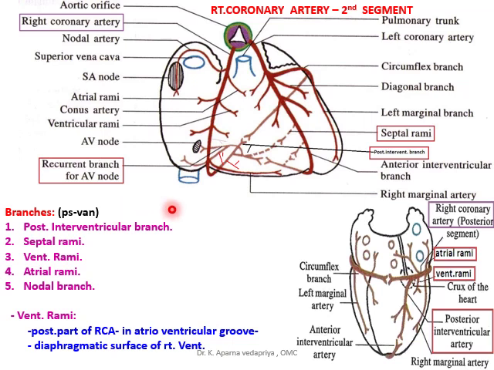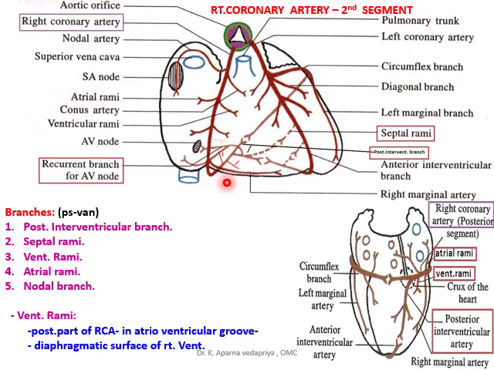Now let us see them in detail. In this segment we are talking about now, after the right coronary artery has wound round the inferior border of the heart, it is present in the posterior part of the atrioventricular groove. So the branches we are going to see now are the ventricular rami.